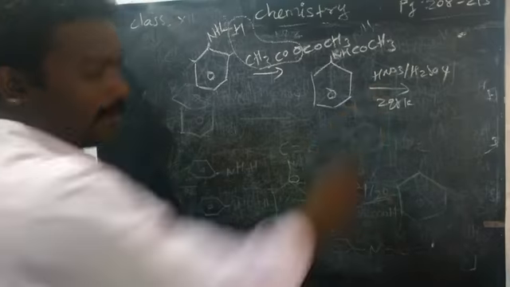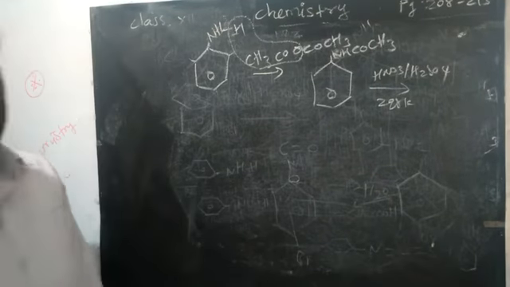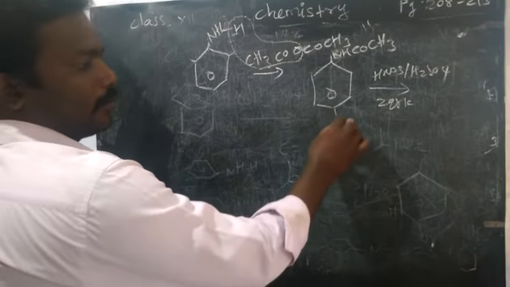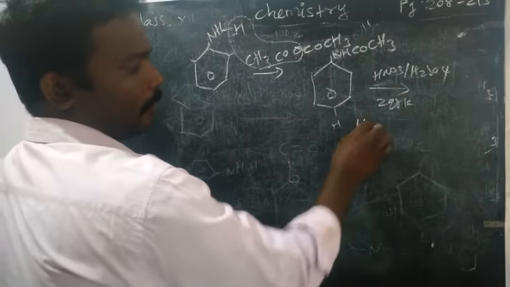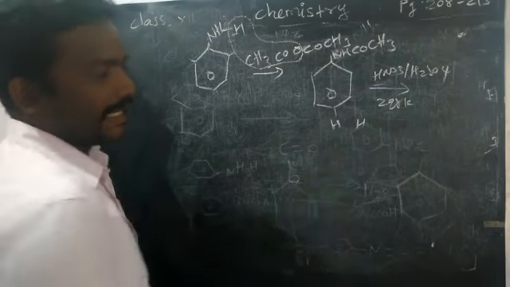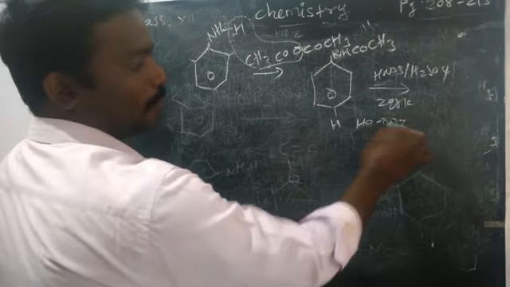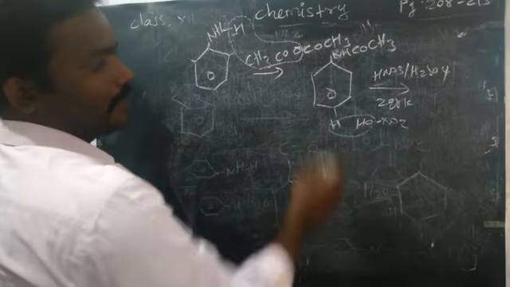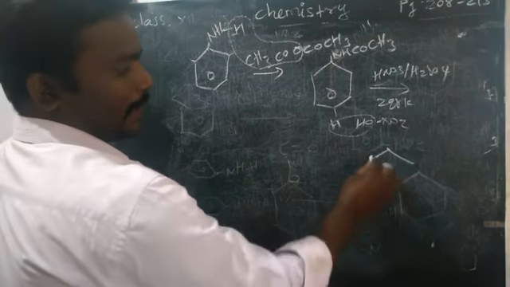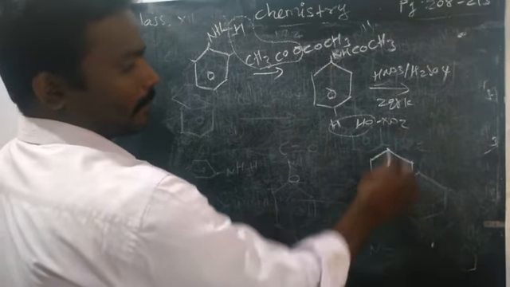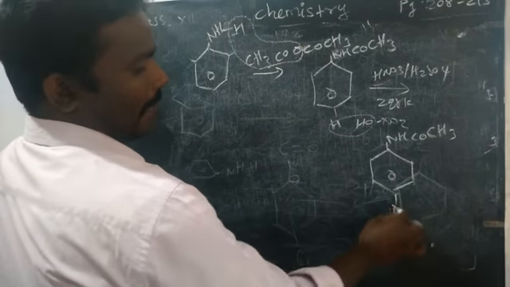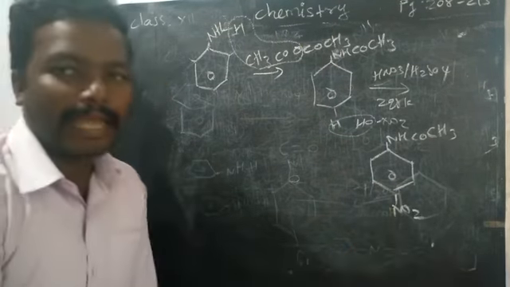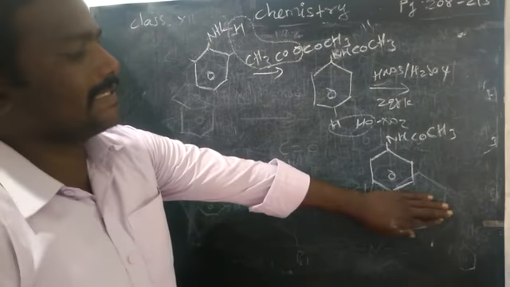Now what will happen? If you want the para position, you will get para nitroaniline. How will you split the nitric acid? HONO2. Water will go, and NO2 you can add. So the product is NHCOCH3, para nitroacetanilide. This is called acetanilide.